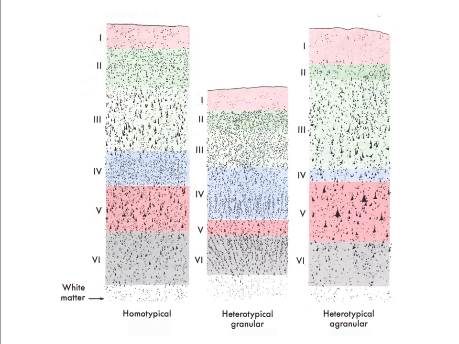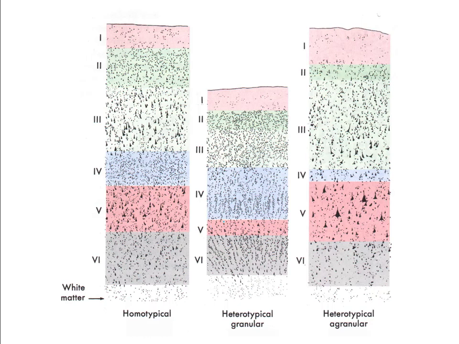So what do these look like? Well, here they are. This is layer 1 without many neurons, layer 2 with granules, 3 with pyramidals, 4 with granules, 5 with pyramidals, 6 has got a mixture. Here, we've got fewer external granules and about the same number of internal. We got more. The pyramidal cells are missing here in 3. That's why you can't tell the difference between 2 and 3 much.